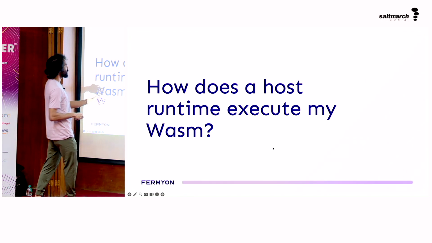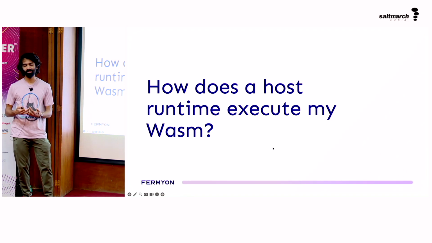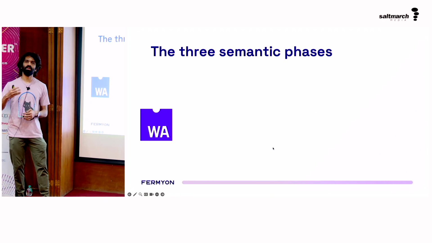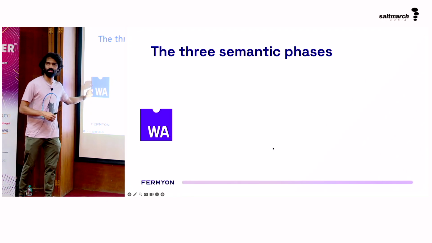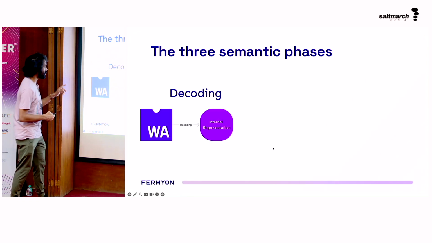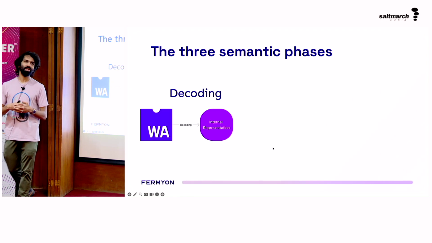But the question is, how does a host runtime execute my WASM module, right? What's actually happening? So you have your WASM module here, and there are 3 semantic phases for that WASM module to actually be executed, right? The first one is called the decoding step, where essentially this is kind of like a bookkeeping step.